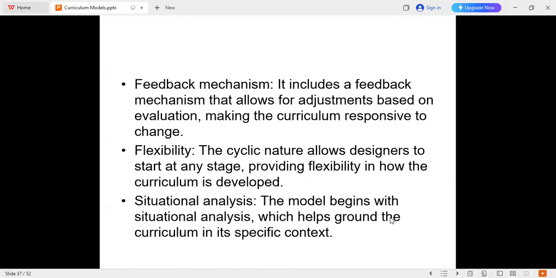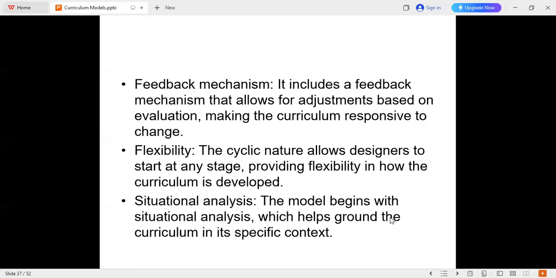Flexibility: the cyclic nature allows designers to start in any stage. They can change objectives. They can change subject content. No need to start from the first stage. The previous two models encouraged starting from the first stage.